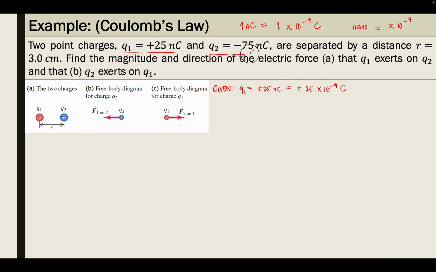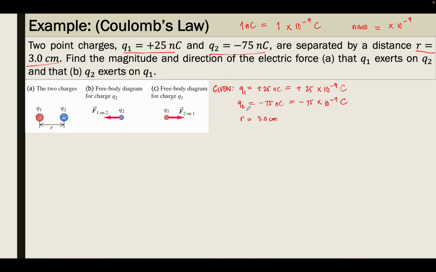And then we have Q2 is negative 75 nano Coulomb, or it is negative 75 times 10 to the power of negative 9 Coulomb. So these 2 point charges are separated by a distance r. R is equal to 3 centimeters.